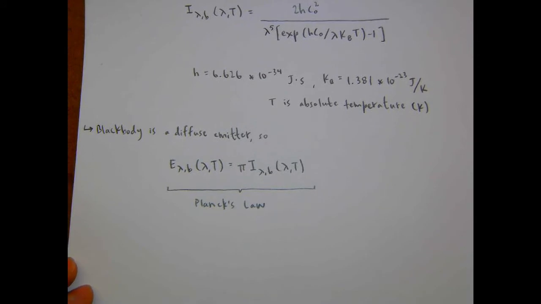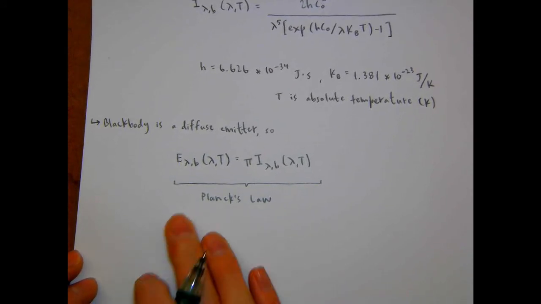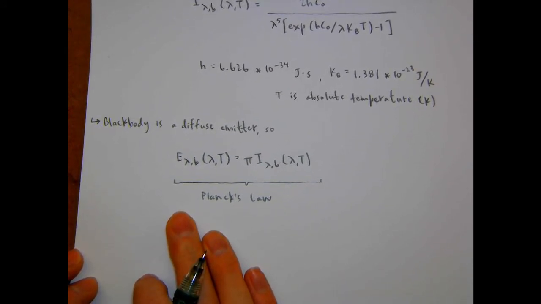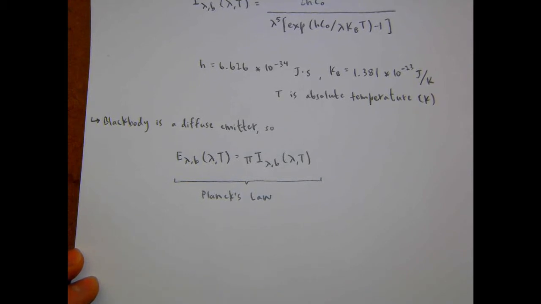The next step after calculating spectral emissivity typically is to calculate the total emissivity, so integrate over all of the wavelengths. We can do that for a black body.